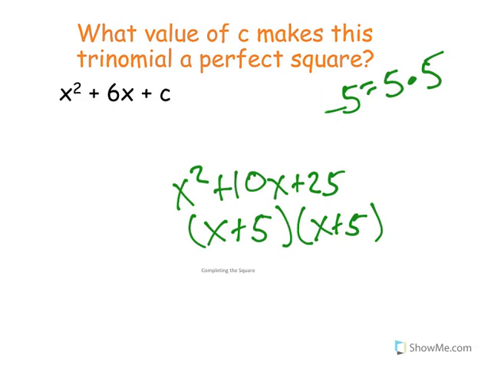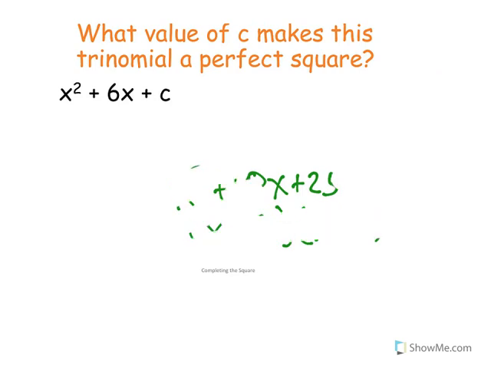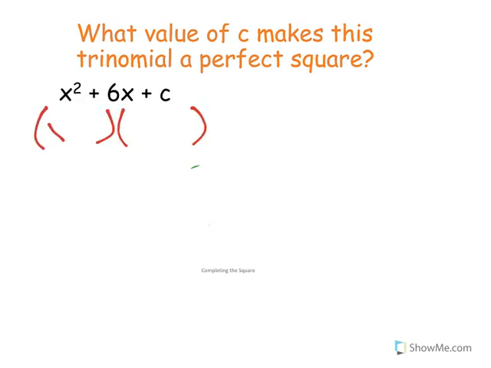Okay, so now getting back to this one, we want to say, what's going to make this a perfect square? Let's think about what it would look like for me to factor this based on what I know. I've got x times x. And I need to get 6 as my sum. I want it to be a perfect square, so I need two numbers, the same number, that are going to add up to 6.